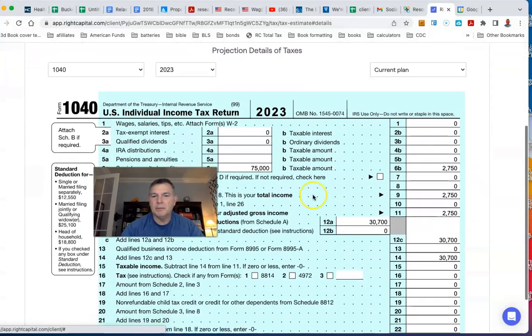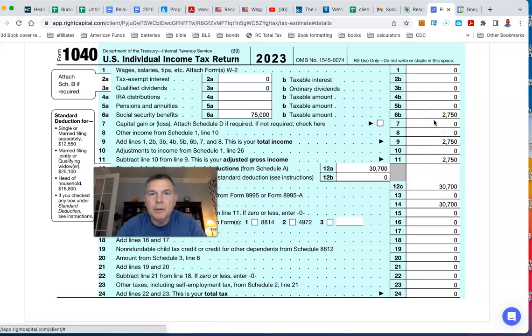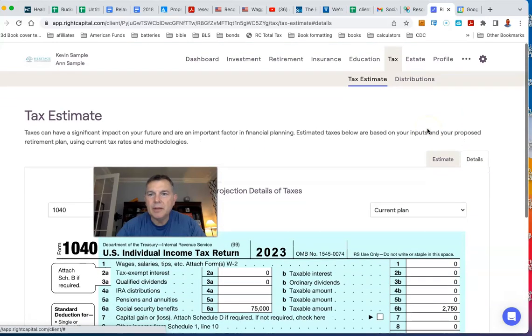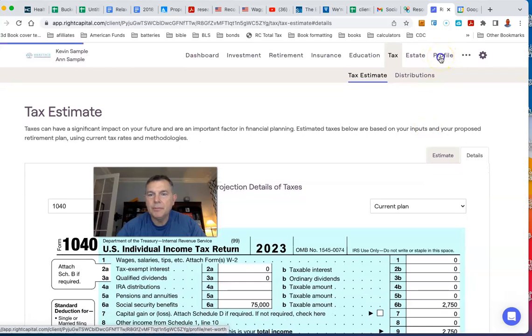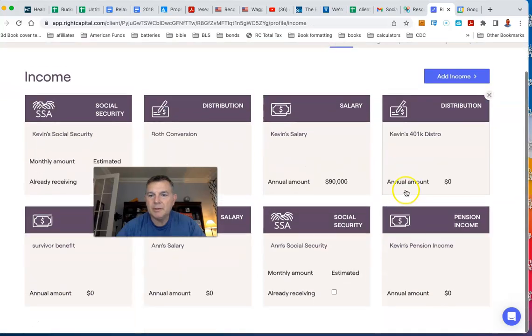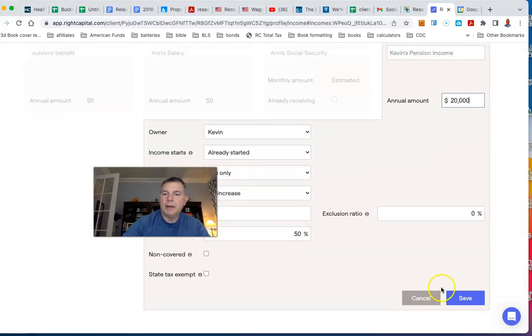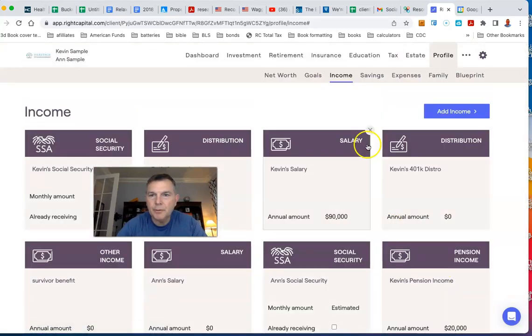Anyway, so here we go. So that 2,700 is their taxable Social Security. They pay no tax. Their taxable income is 0. And this is going to be the tax torpedo, because we just added $20,000 of a pension, and they went from no tax to, I've got to go back to doing videos on the tax torpedo because it's fun.